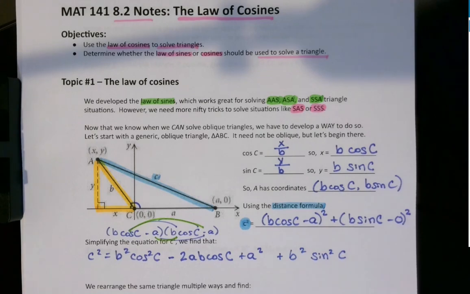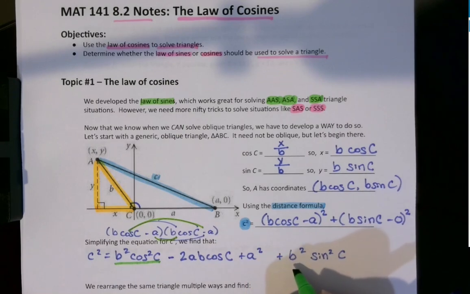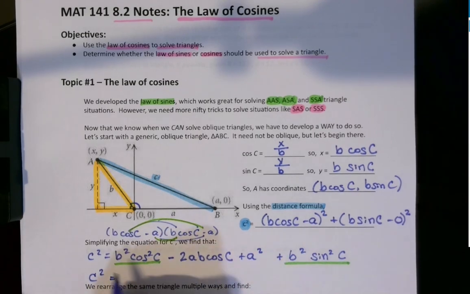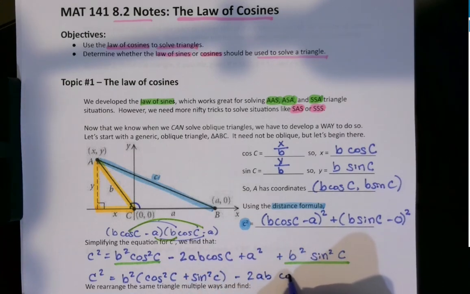Okay, so for the next piece of simplifying, we notice that we have two terms, the b squared cosine squared C and the b squared sine squared C, that have the b squared piece. Let's move those together and factor out b squared. So c squared is going to equal b squared times cosine squared C plus sine squared C, minus 2ab cosine C, plus a squared.